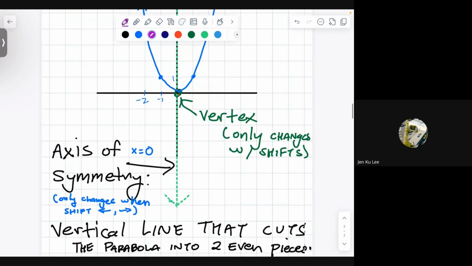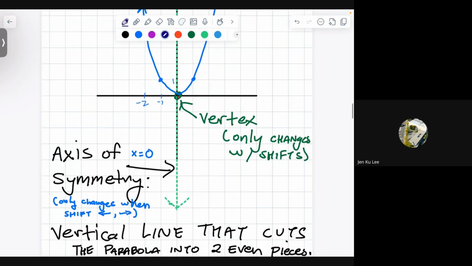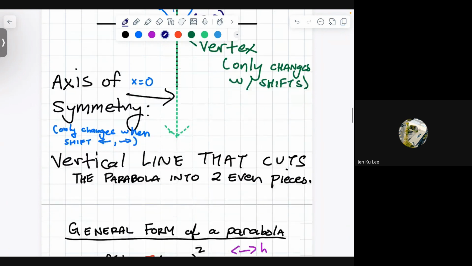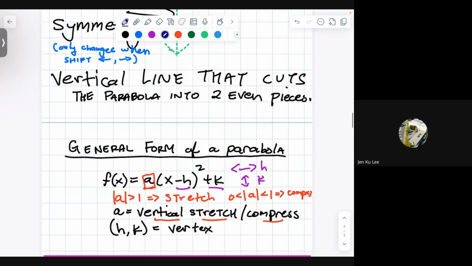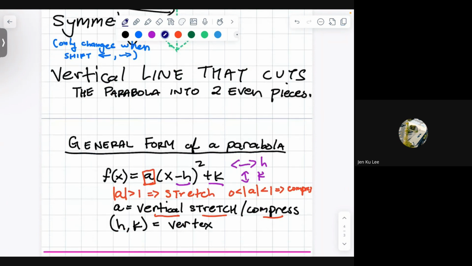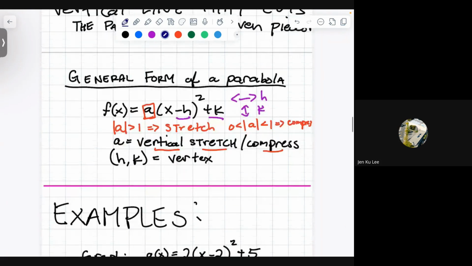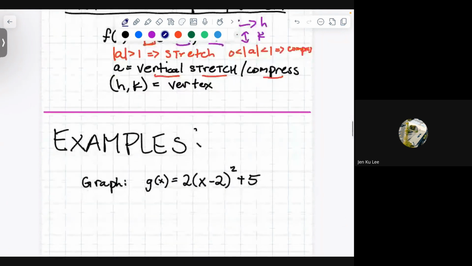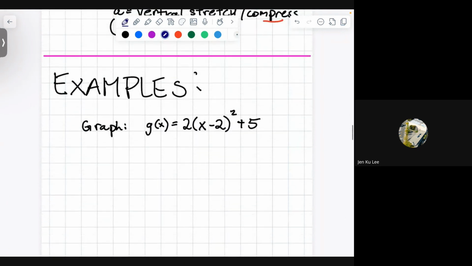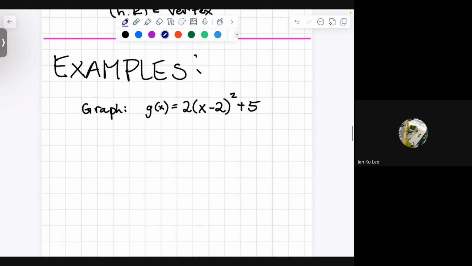Remember that my vertex started off at (0, 0), so h and k are my shifts, and that's also my vertex. So there's a cool connection, hopefully you made. I'm going to go ahead and graph these two examples.